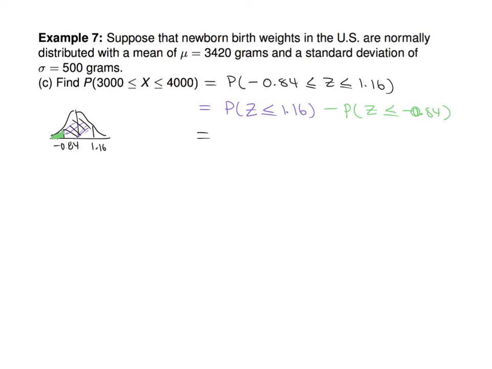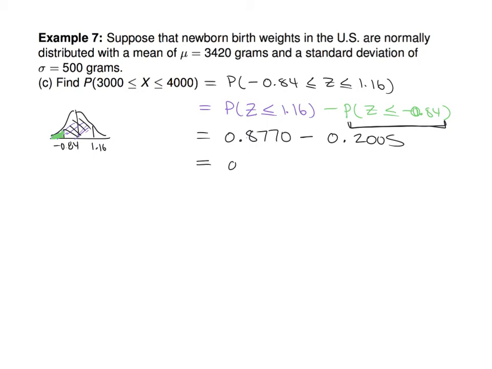And the purple thing you actually found in part A to be 0.8770. In part B, the probability that z was less than negative 0.84, you found to be 0.2005. The tricky thing there, some of you blindly just use the answer from B instead of thinking, oh, I need that probability, which is not my answer, but the thing I used to get my answer.